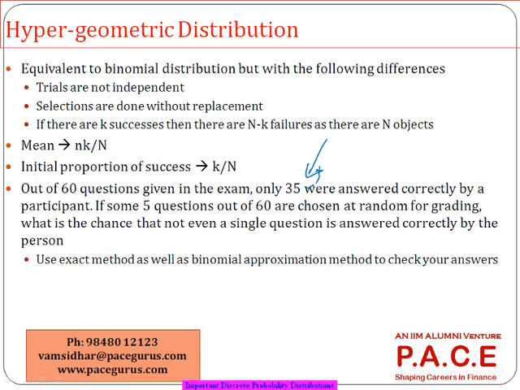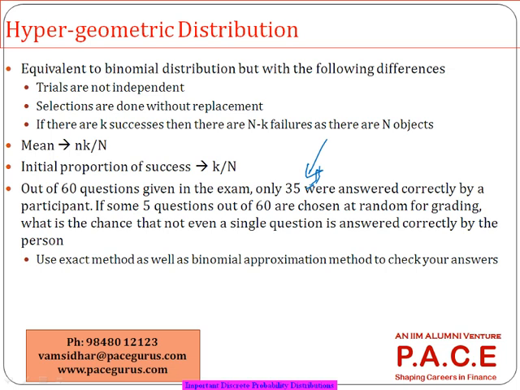At random, he is pulling out only 5 of them out of that 60. I want to find the chance that he gets all 5 correct, 4 correct, 3 correct, 2 correct, 1 correct, or none correct.